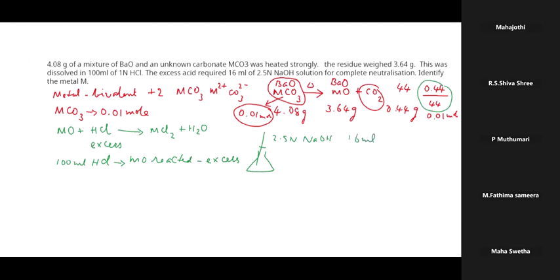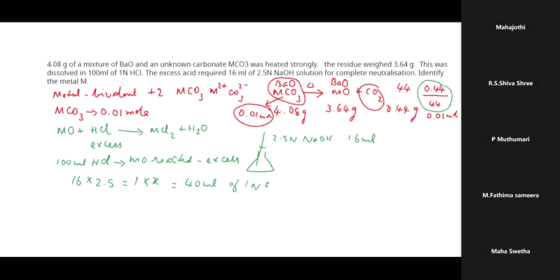Therefore, you have to find out the volume equivalence. So 16 ml multiplied by 2.5 normal of NaOH is equal to, if it was 1 normal, what might have been the volume? So that is equal to 40 ml of 1 normal acid.